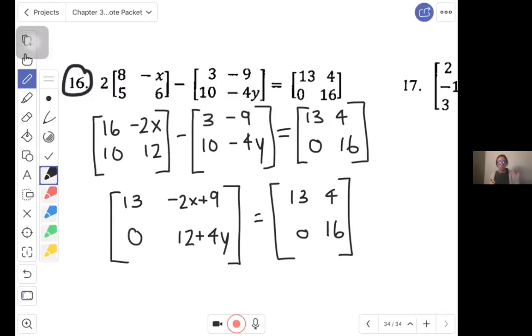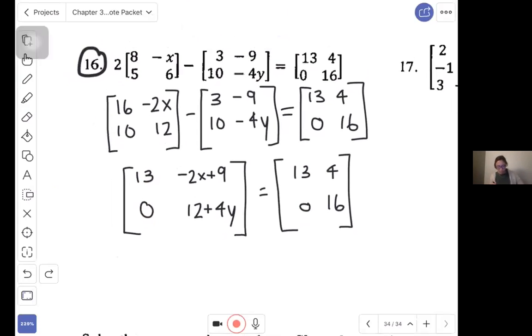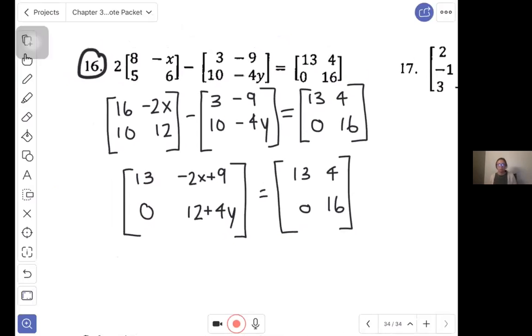And we know that each number in each position are equal to each other on both sides for these matrices. And you can see that here. This 0 equals 0. They're both in the same position. We know we did that right. And same with this 13 and 13. So what are we left with? What two equations could we make from this to solve for x and y?